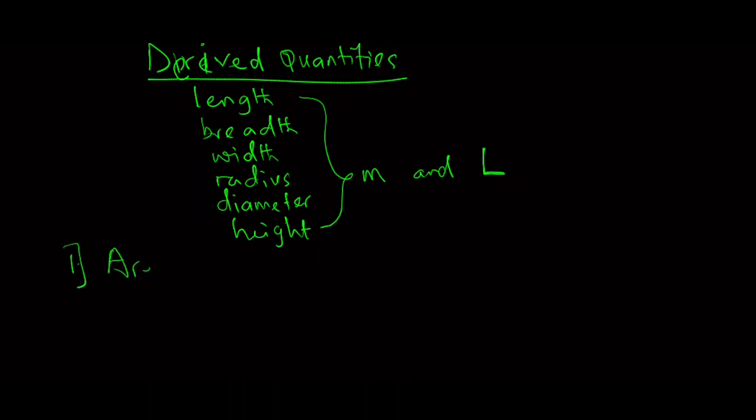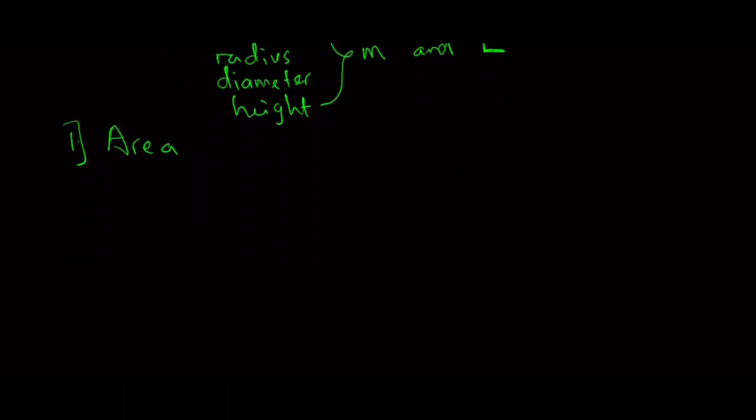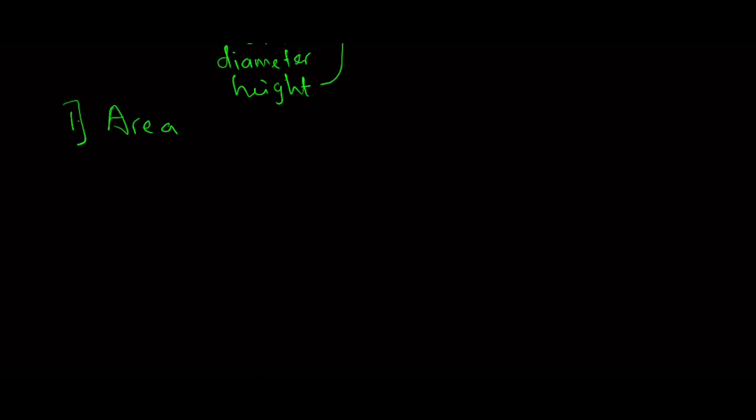First, we are going to learn their respective symbols and formulas as well. Area is length times breadth. The area has a symbol of A, length is L, breadth is B.